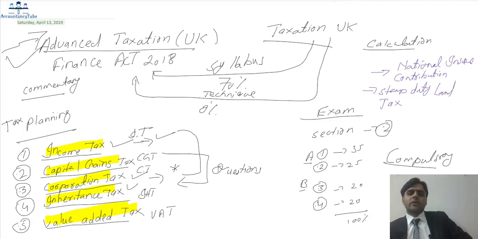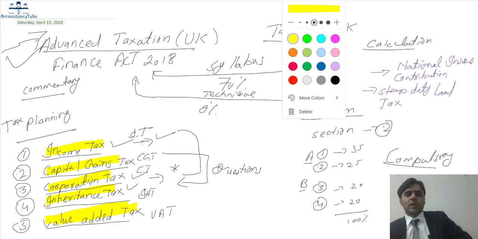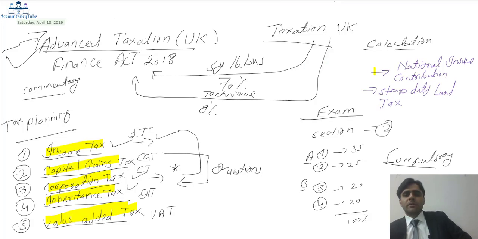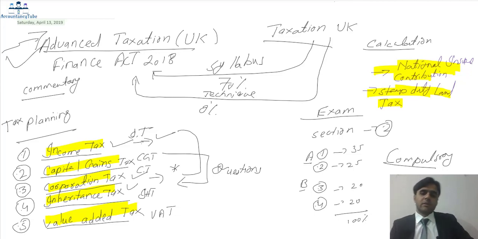Okay, so national insurance contribution and stamp duty land tax are also part of the syllabus. Because these are small topics, we do not normally consider them when explaining the topics here. But there is one chapter each on those. We'll study those as well.